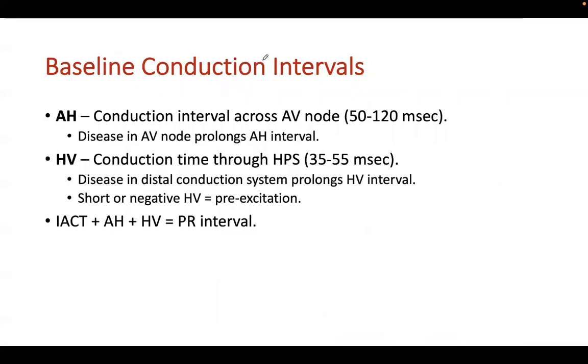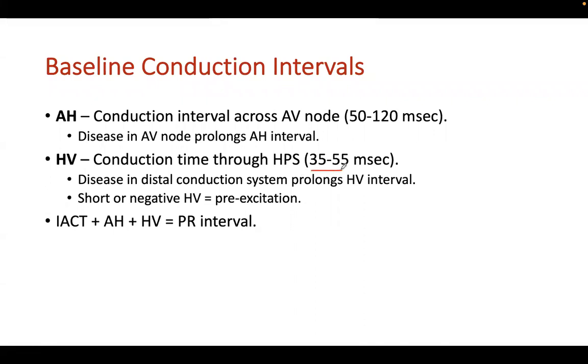This is how you measure it. Okay, and then obviously there are normal values. So AH again measures the conduction across the AV node. This is why you have to measure the A at the His and the H at the His, obviously. If you have prolongation of the AH interval, this means there is AV node disease. The HV time, you measure it from the H at the His to the V at the surface QRS, because surface QRS V usually is the earliest V, and this is the usual value.